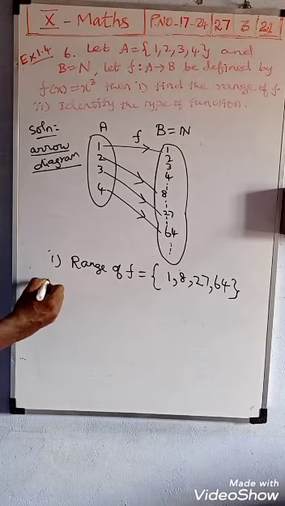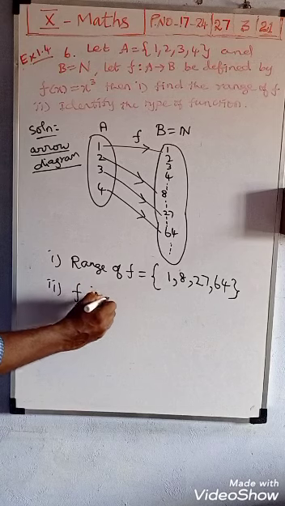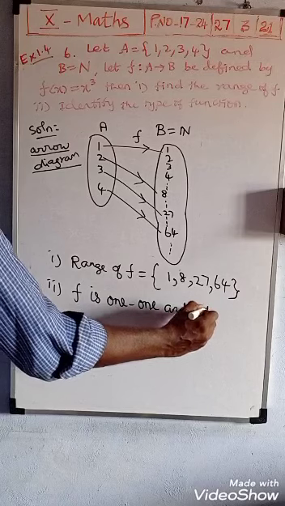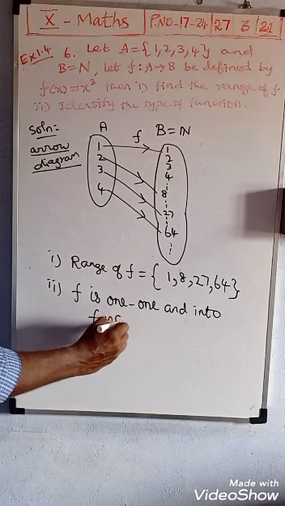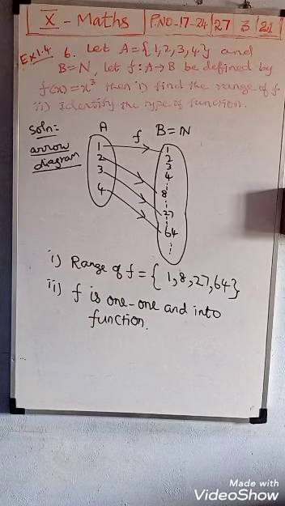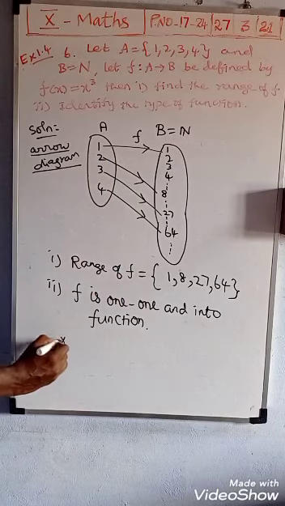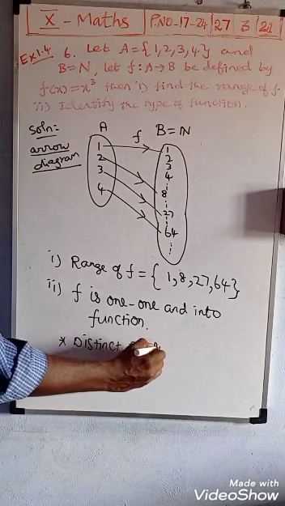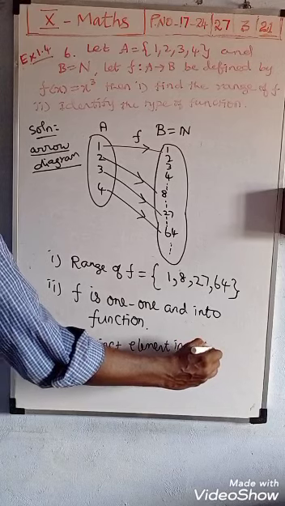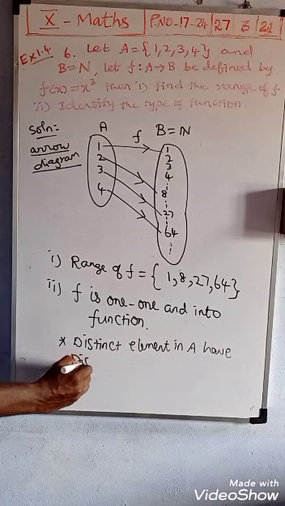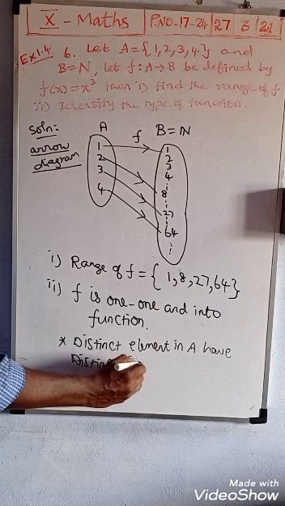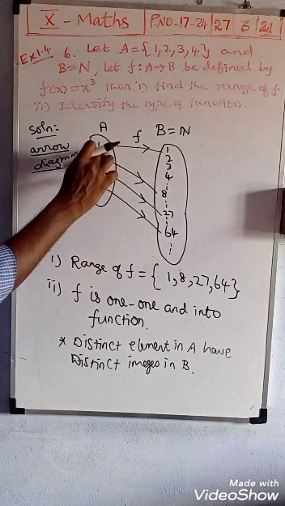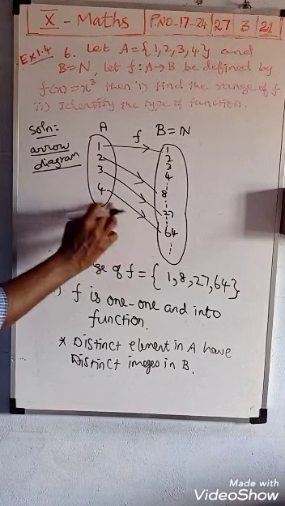So f is a one-one and into function. What is the definition? One-one means distinct elements in A have distinct images in B. Here 1 maps to 1, 2 is different, 3 is different, 4 is different.